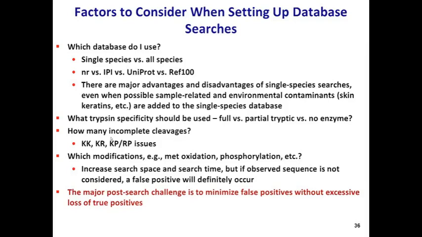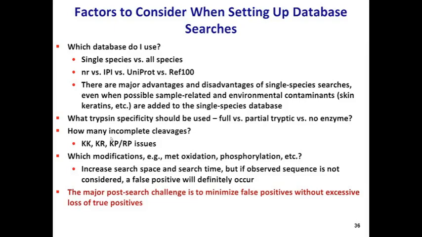Should I use full tryptic specificity, partial tryptic specificity, or no enzyme? There also are incomplete cleavages, although trypsin is one of the more robust proteases available. I can also have modifications, both post-translational modifications as well as artifactual oxidation of sensitive residues such as methionine.